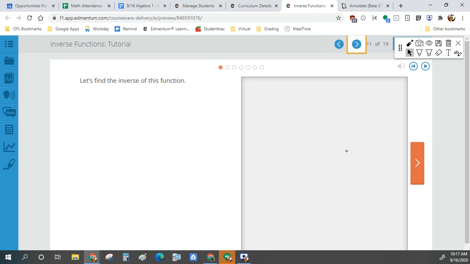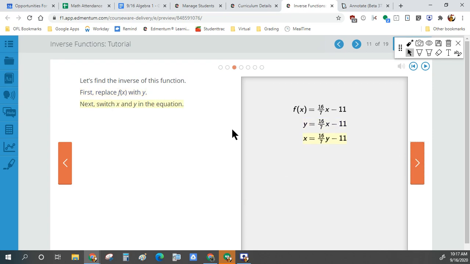So let's actually practice this, or let's see it be practiced. So here's our function. First step, they replace it with y. Second step, they're going to switch their x and their y. Third step, now we're going to have to start solving for new y. So they added 11 to both sides. Then we have to get rid of this fraction. So they're doing what I do.